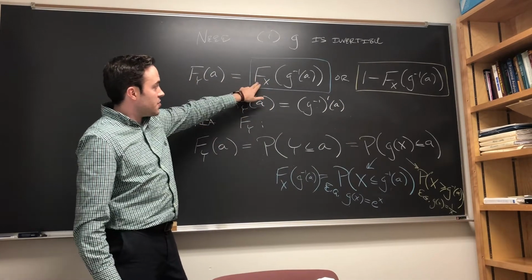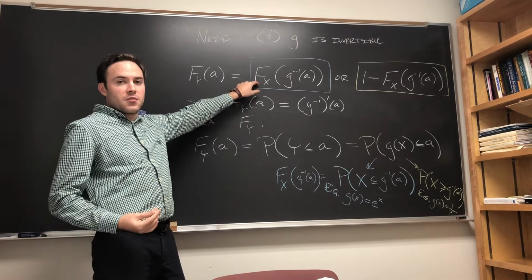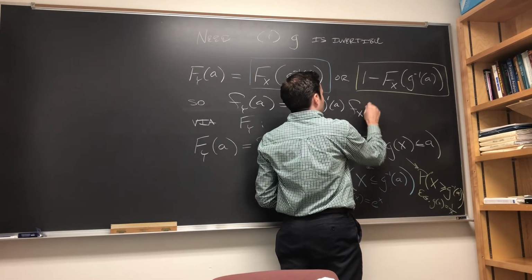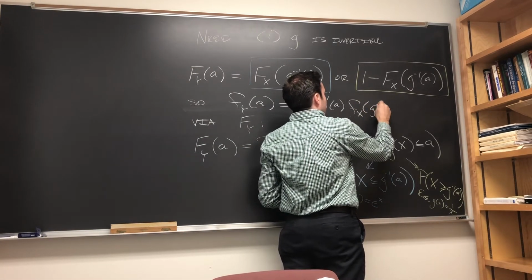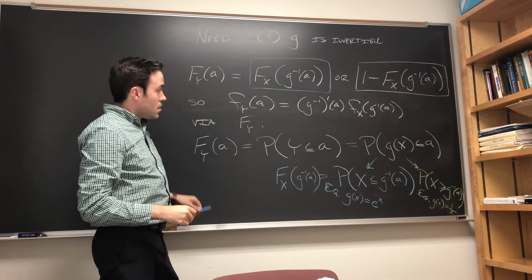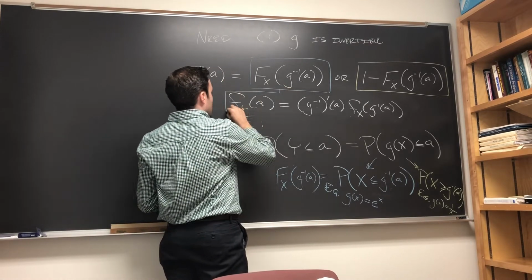And we need to multiply by the derivative of the CDF of X. And again, by the fundamental theorem of calculus, that's just going to turn into the PDF, evaluated at the same place, g inverse of a. So this is what happens in the blue box.